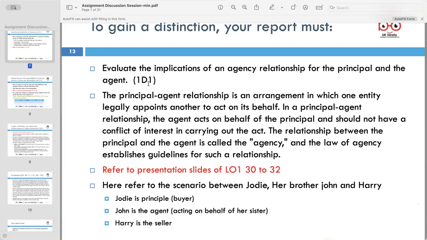When you begin explaining the nature of the principal-agent relationship, clarify that Jody is the principal, the buyer, and John is the agent acting on her behalf, and Harry is the seller. Then legal appointments and acting on behalf: discuss how legal appointments are made in the principal-agent relationship, emphasizing that the agent, like John, has been appointed by the principal Jody to act on her behalf in the transactions with Harry.